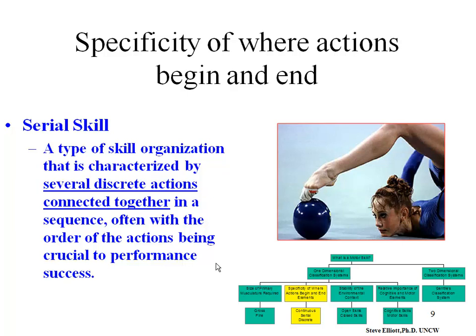A serial skill is a series or sequence of discrete movements. So it's a bunch of discrete skills put together, such as shifting gears in a car or playing a whole piece on a piano. Whereas pressing one key on the piano is a discrete skill, putting several of those together is an example of a serial skill.